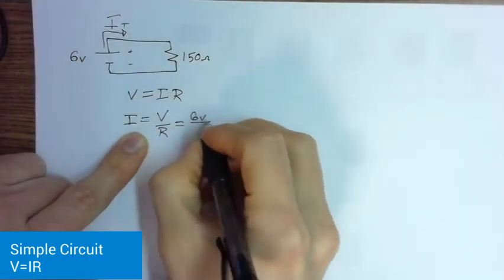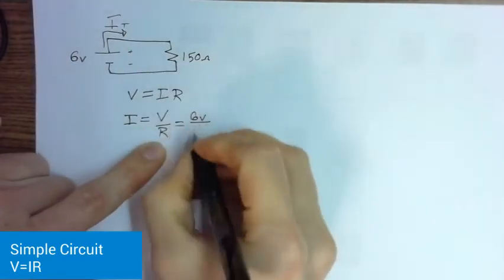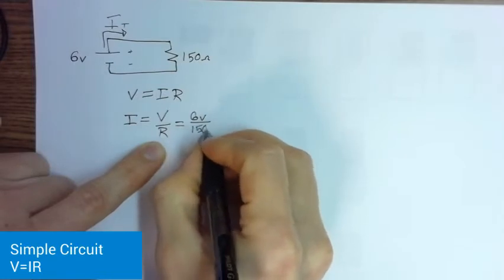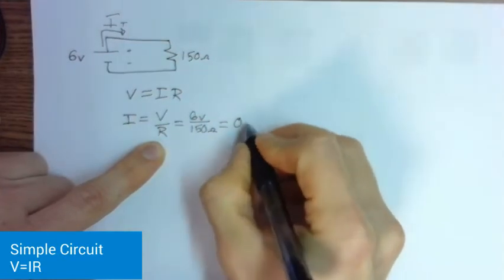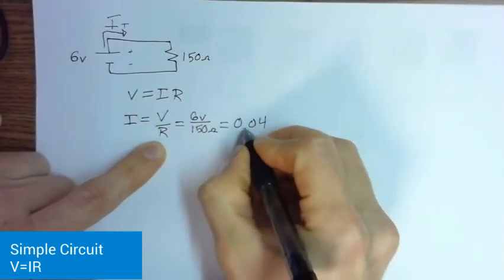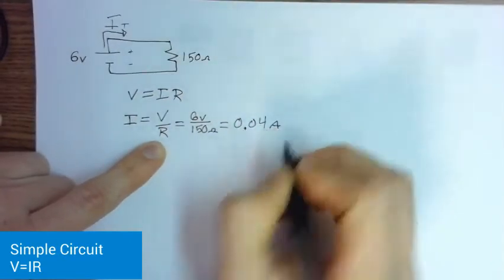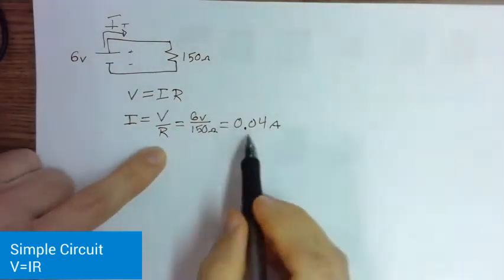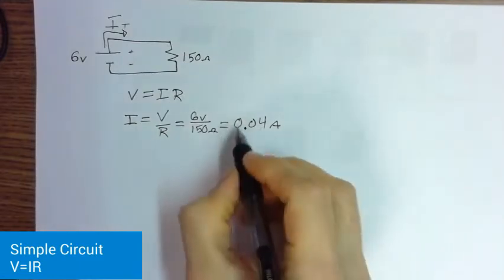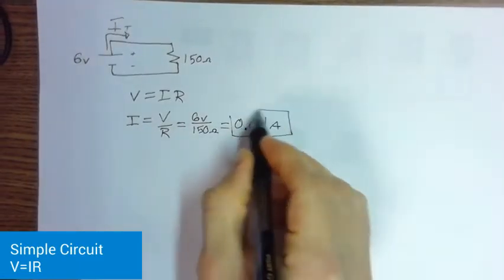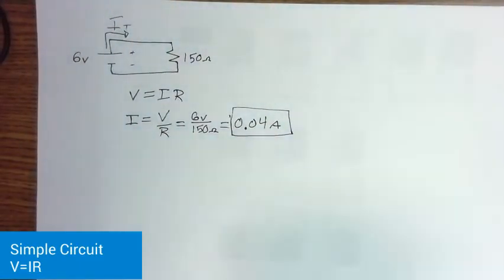So 6 volts, and then the resistance across that is 150 ohms. So when you plug those in, you get 0.04 amps. So pretty small current going through there, which is a good thing for a light bulb, so the wires don't heat up.